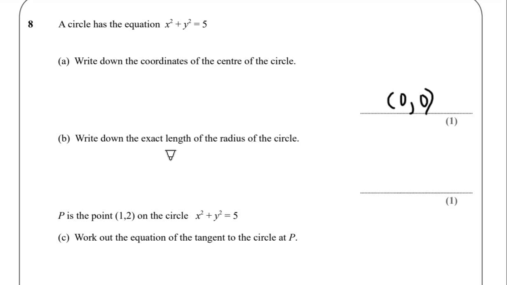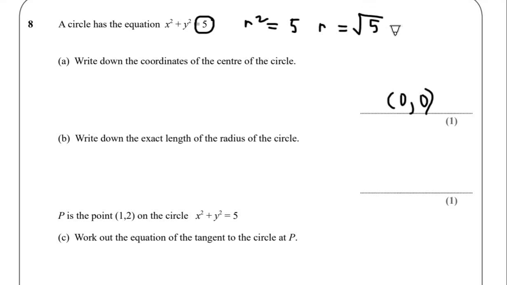Write down the exact length of the radius of the circle. Now we all know that the radius squared is this number. So if radius squared equals 5, then the radius is going to be square root of 5.